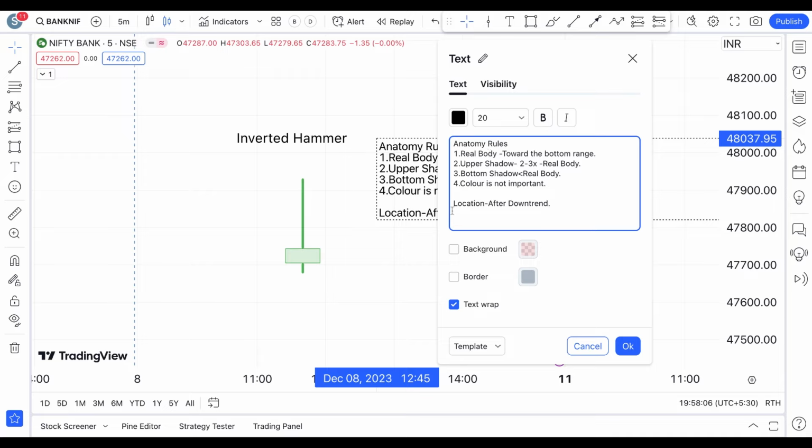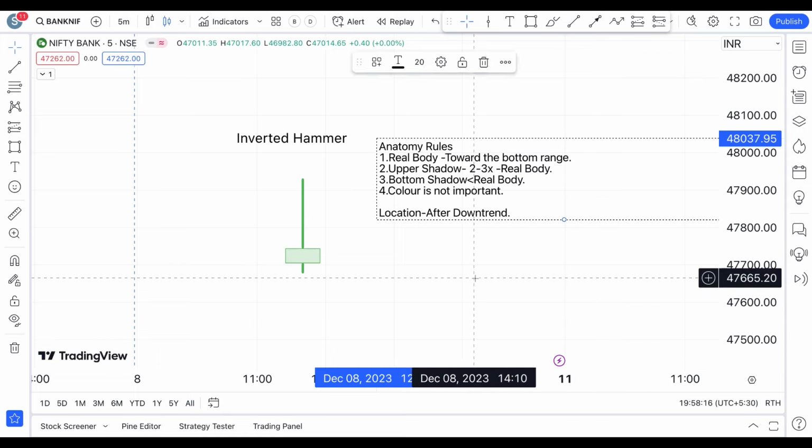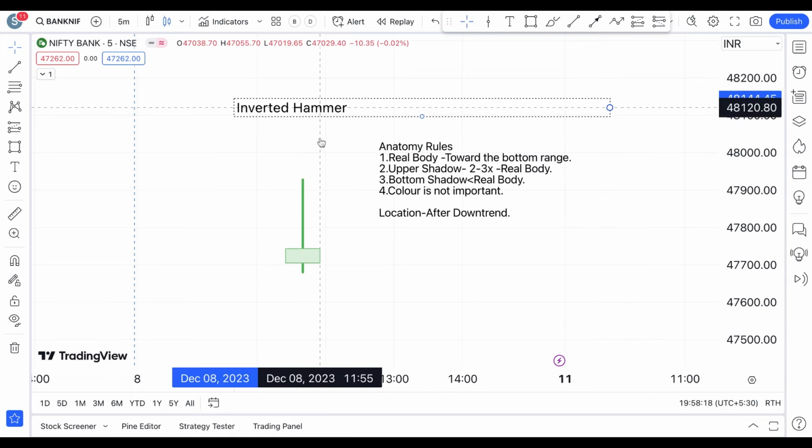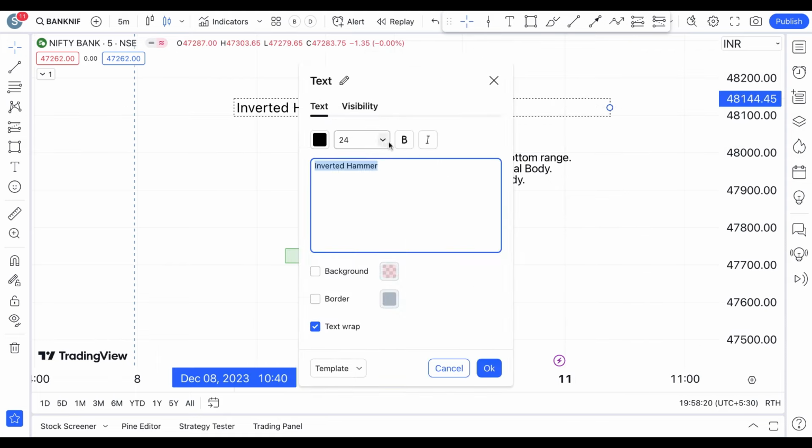You can consider this the fifth point, but I'm taking the anatomy rules separately from the location part. This is an inverted hammer, and it is a bullish reversal pattern.